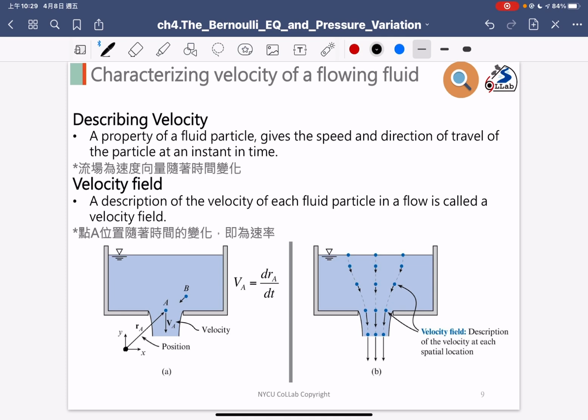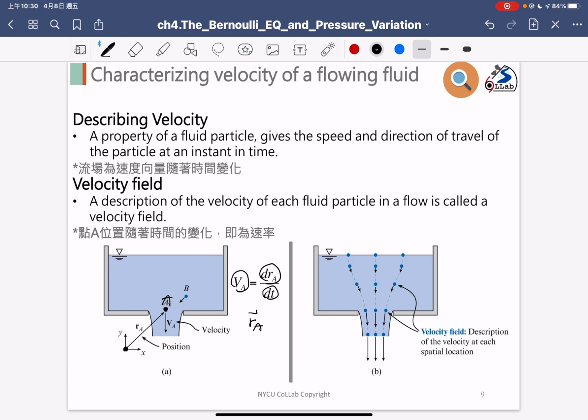If we would like to determine the fluid particle A here, we find the displacement changing with time, and we can define the velocity at point A. The distance is a vector.